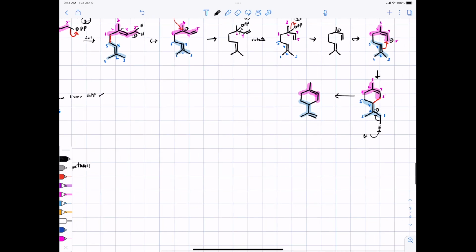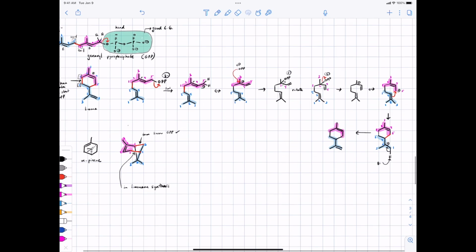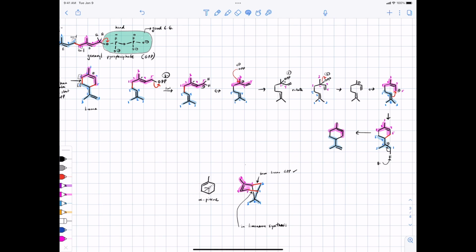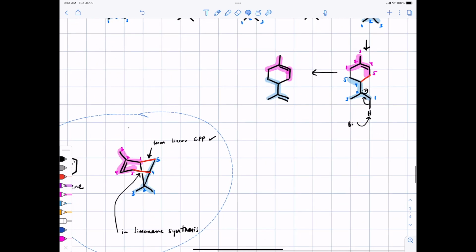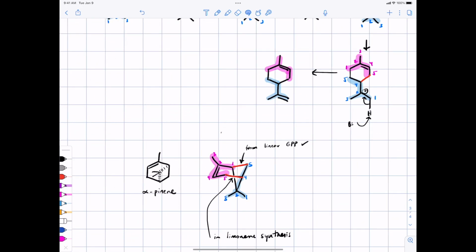So my real question is, if we look at this carbocation, instead of doing an E1 elimination type step, is there something else we might have done?